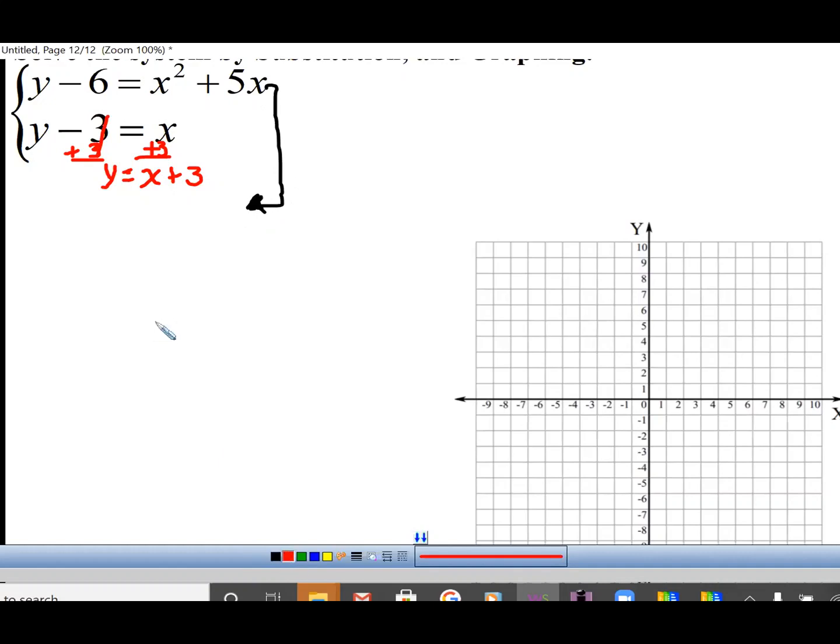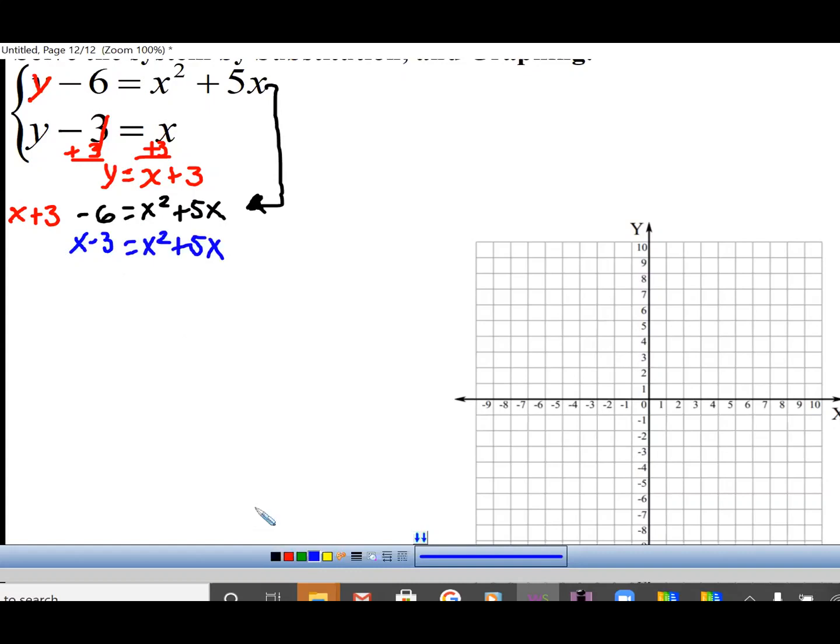However, instead of starting with y and then minus 6, you start off with x plus 3, because x plus 3 is y. And then minus 6 equals x squared plus 5x. From there, combine like terms on this side, we end up with x minus 3 equals x squared plus 5x.